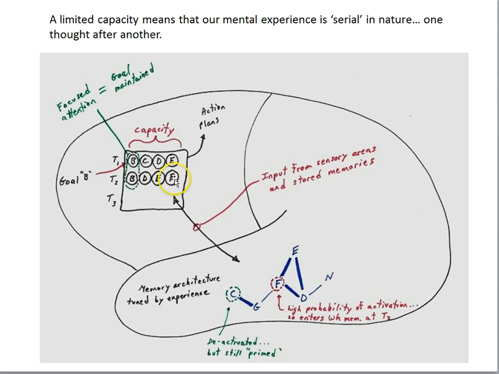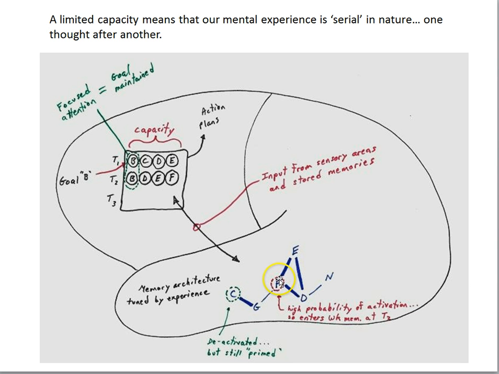Now, if we've got this memory architecture as a result of our past learning experience, then we can begin to understand why item F entered our working memory system after reading that passage. So notice working memory at T1, we've got C, D, and E. Memory item C was activated, D was activated, and E was activated at this time. Now if we imagine that when a memory gets activated in the long-term system, it activates other associated items, then item F is going to get strong activation along two pathways.